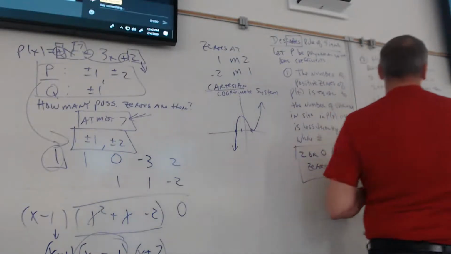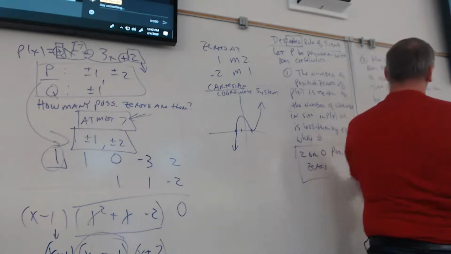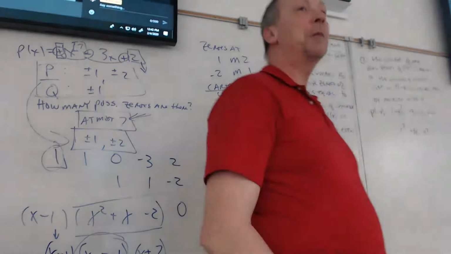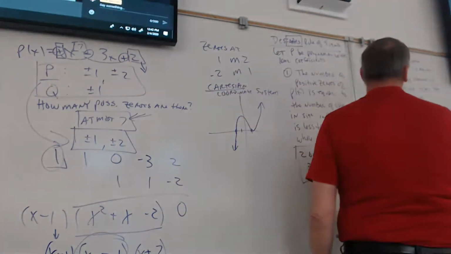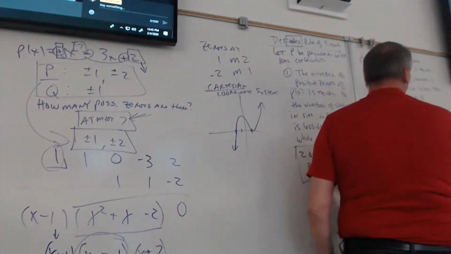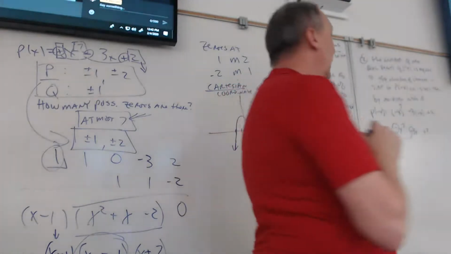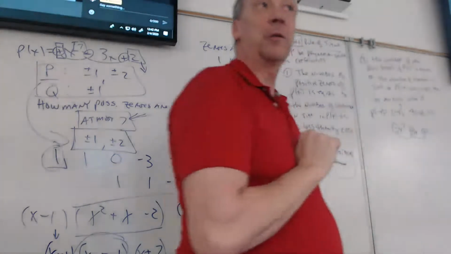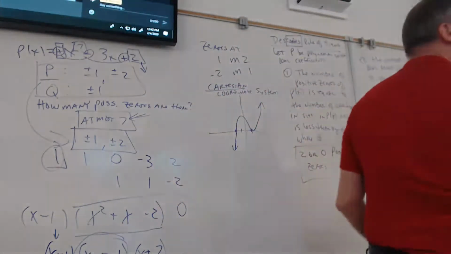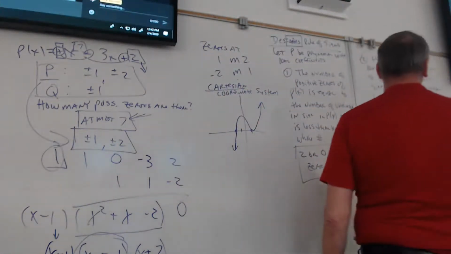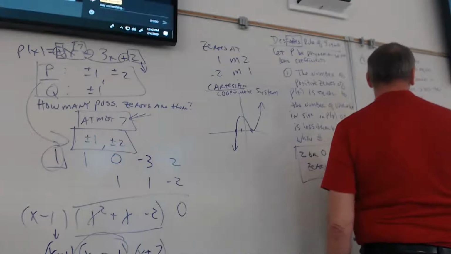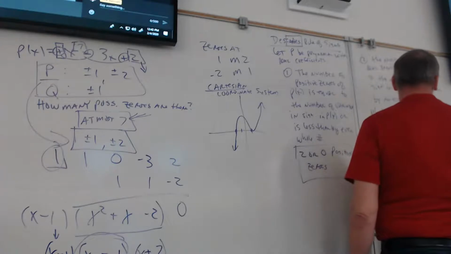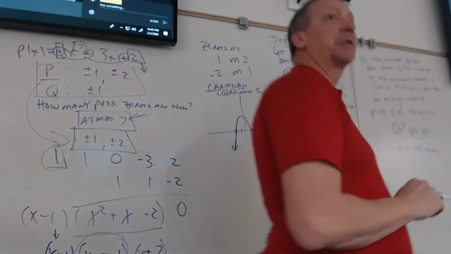Negative x to the 7th plus 3x plus 2. As I look at my changes of sign, I've got 1 change of sign, right? Is there a change of sign again? No. So this is kind of nice because what this says is I'm going to have 1 or 0 negative zeros. I'm talking about real zeros.